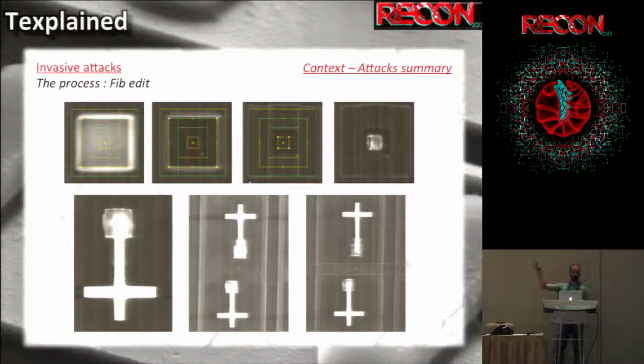So this is another example. It's each step of the process. I wanted to contact one line which was lying under a metal plane. So first picture, I just remove the passivation, the oxide layer which is protecting the chip, until I reach this plane. Second picture, I remove the plane. Third one, I just deposit oxide on the side of this hole because I don't want to make any shorts later.